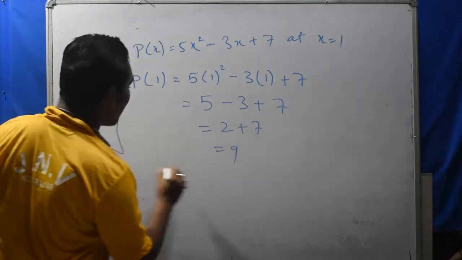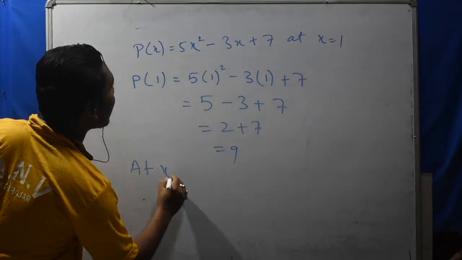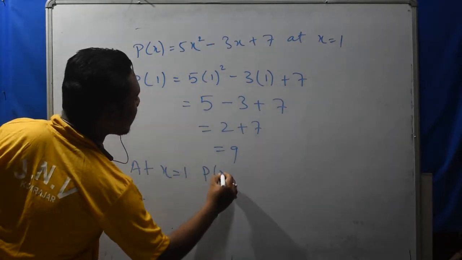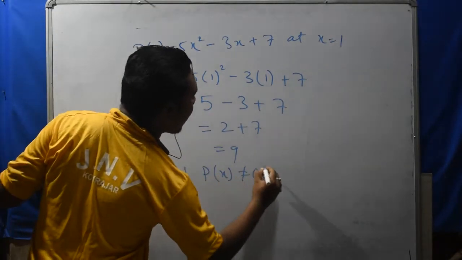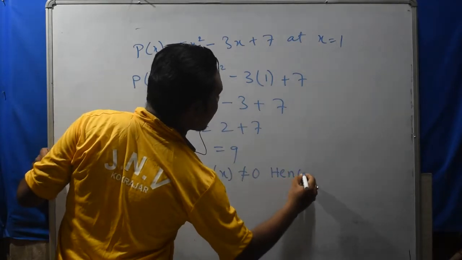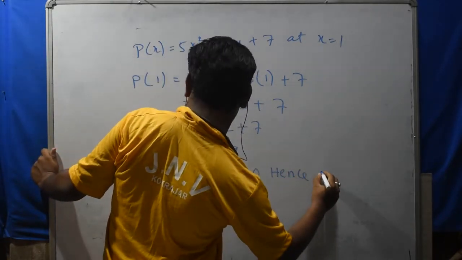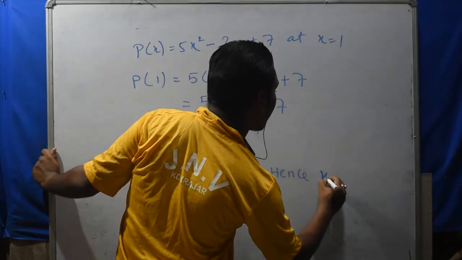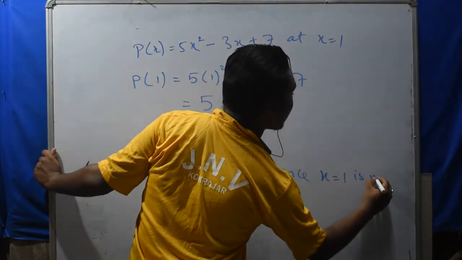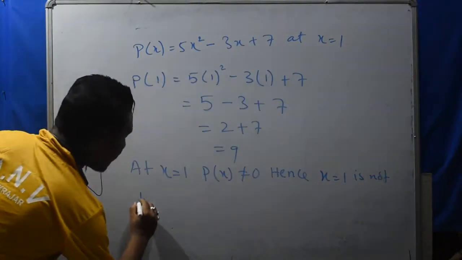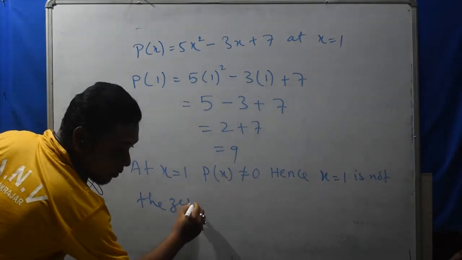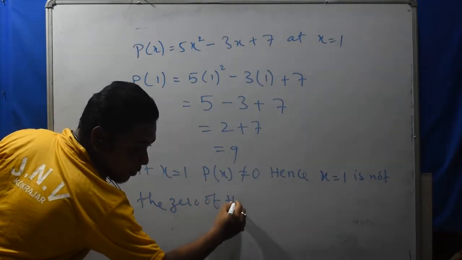So at x equal to 1, p(x) is not equal to 0, hence x equal to 1 is not a zero of the polynomial.